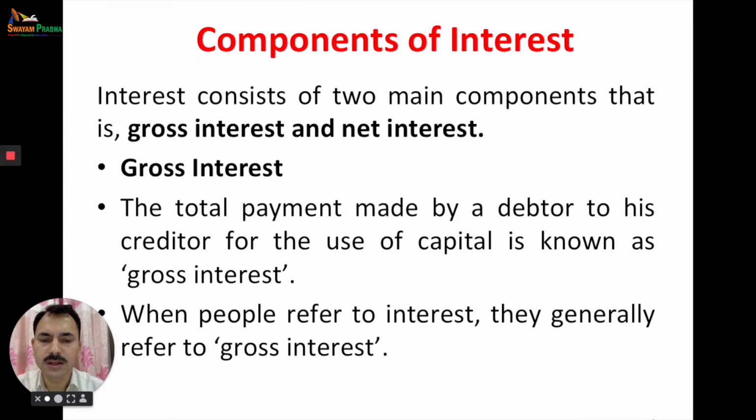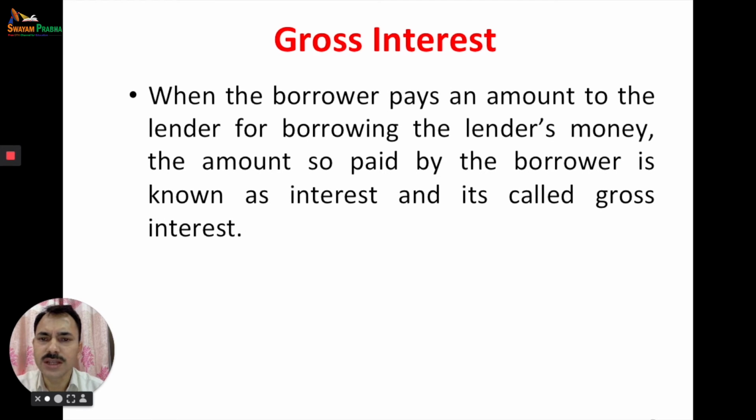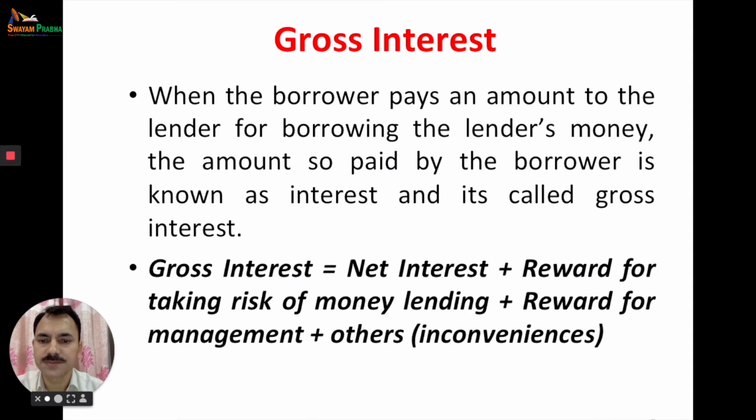When people refer to interest, they generally refer to gross interest. Gross interest means when the borrower pays an amount to the lender for borrowing the lender's money. The amount so paid by the borrower is known as interest, and it is called gross interest.